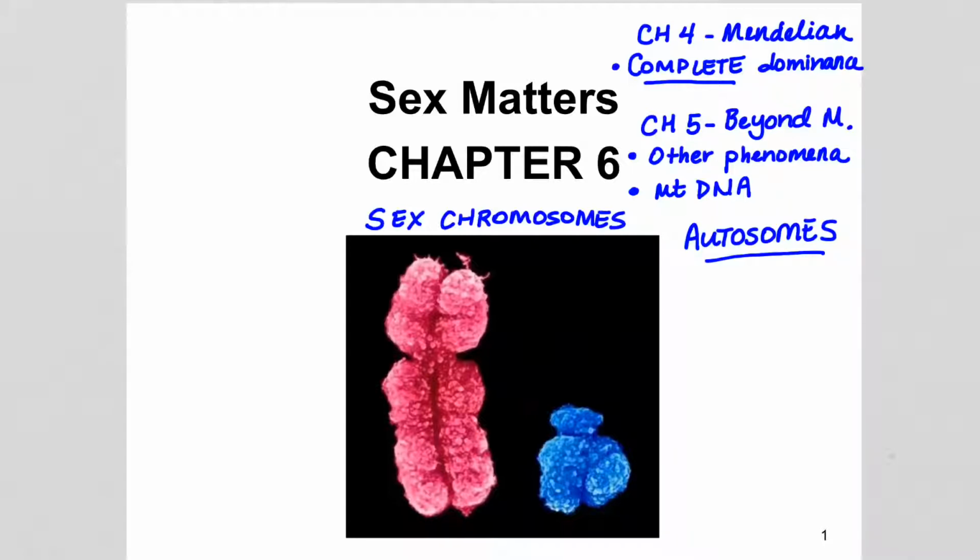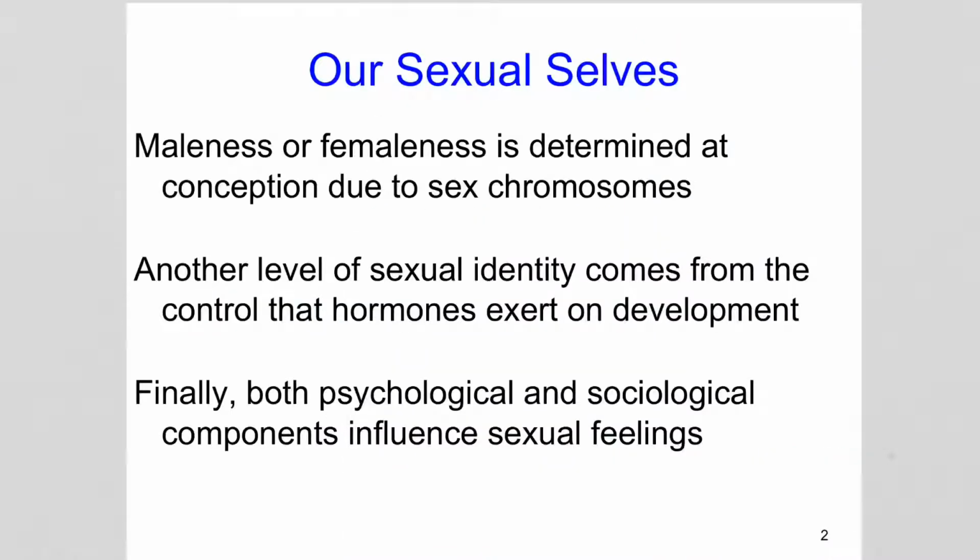Particularly, we're going to focus on the X, but we're also going to explore a few other conditions in which phenotypes vary between males and females. So we're going to focus on our X chromosome mainly, but our Y chromosome as well.